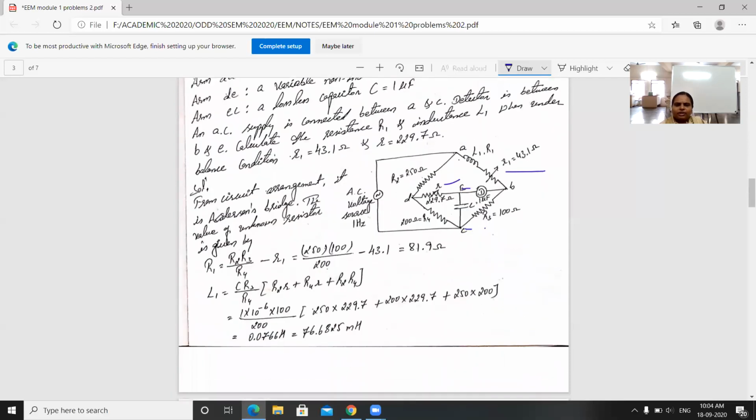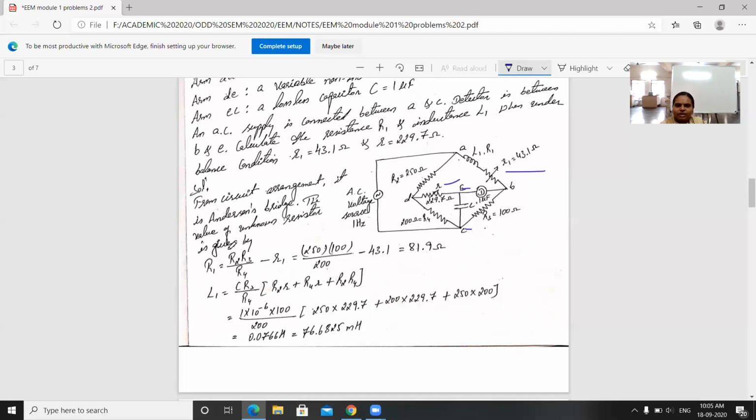First, we'll go with the equation, that is R1 is equal to R2 R3 divided by R4 minus r1. Substitute for R2 and R3.